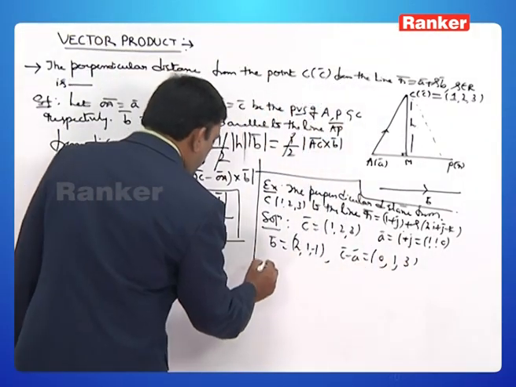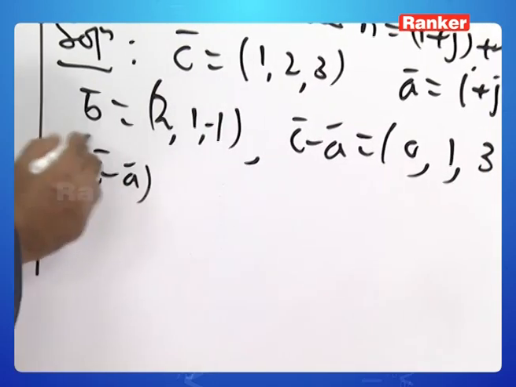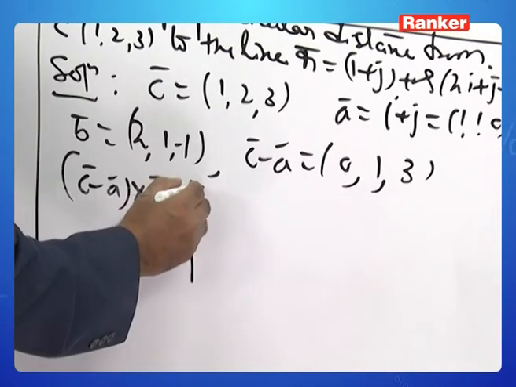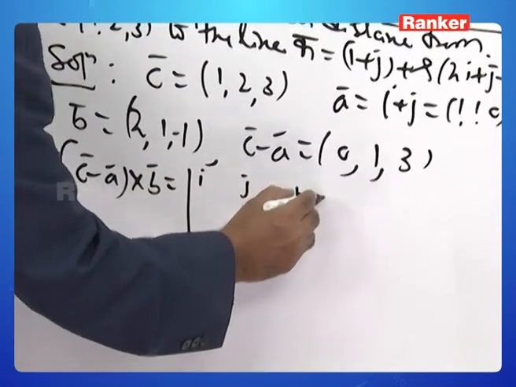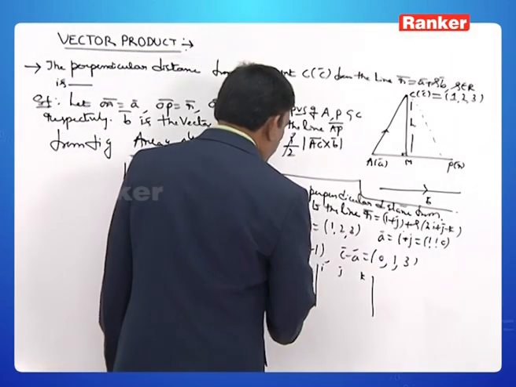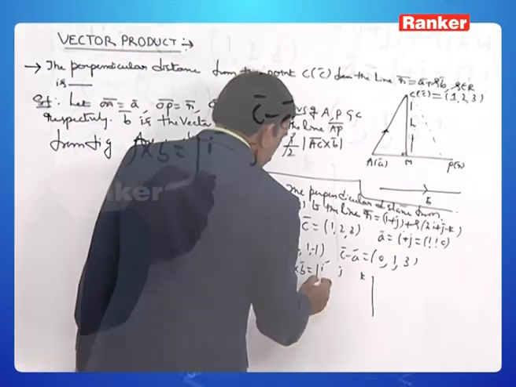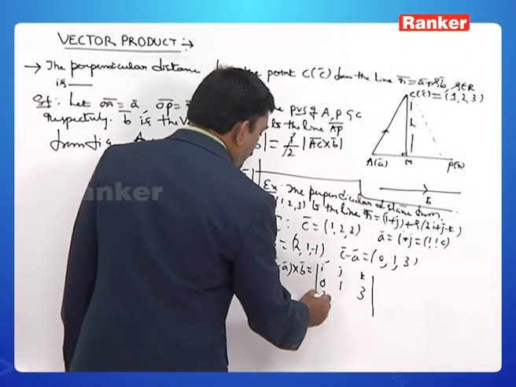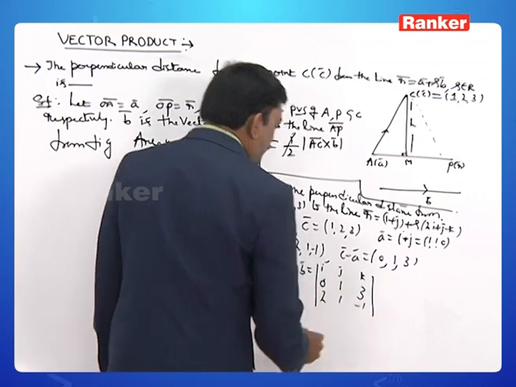Then you find out C bar minus A bar cross B bar is equal to the determinant with I, J, K, then C bar minus A bar as first row, 0, 1, 3, and B bar, 2, 1, minus 1.